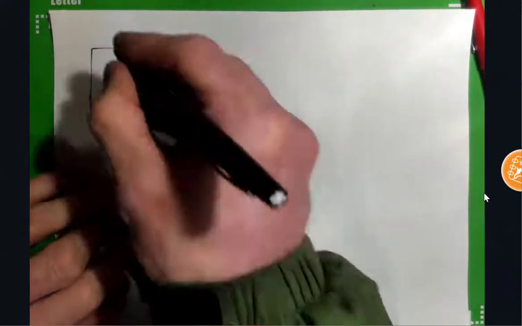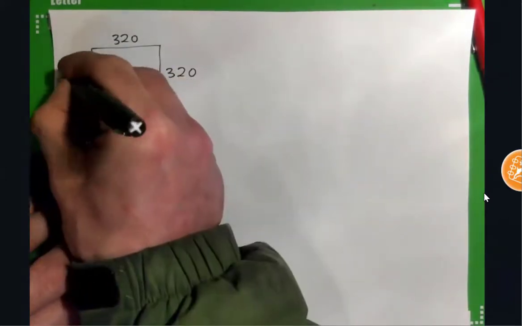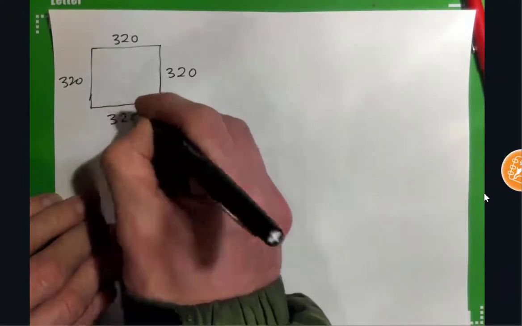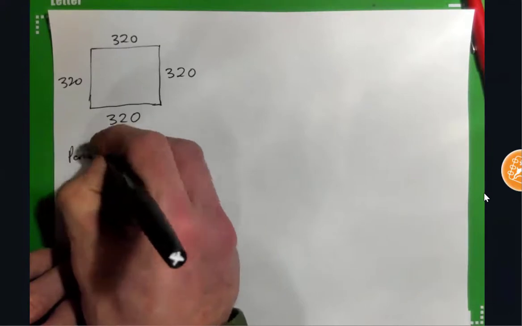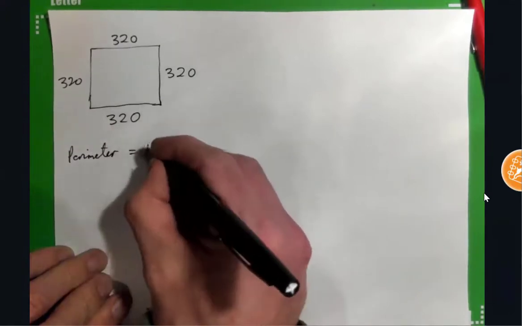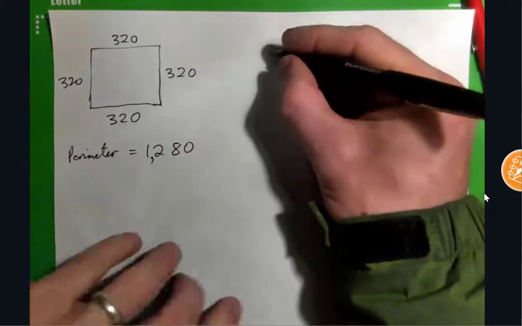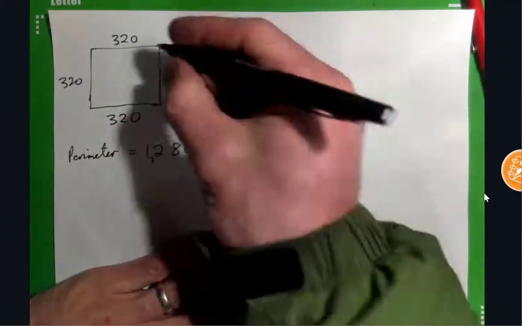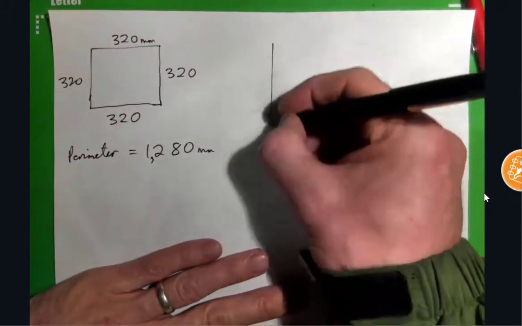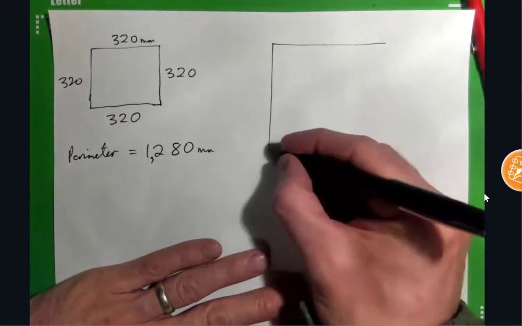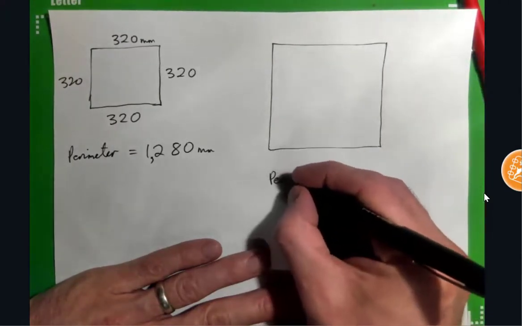And this first one they told us was 320 on each side, and the perimeter we were told was 1,280, all in millimeters. Now the life-size chessboard, the bigger one, looks like that. They gave us the perimeter, but not the length of each side.